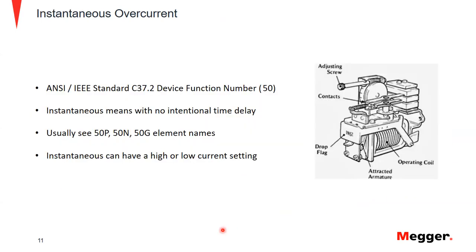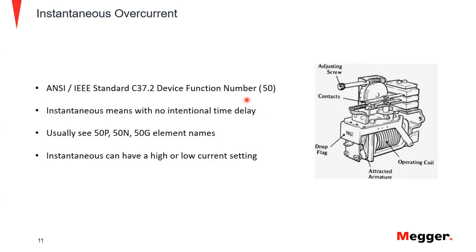So ANSI and IEEE standard C37.2 defines the device function numbers. For the instantaneous level, it's a 50 element, and we'll go through each one; each will have its own IEEE number as well.